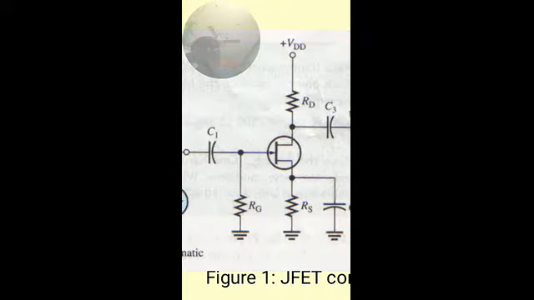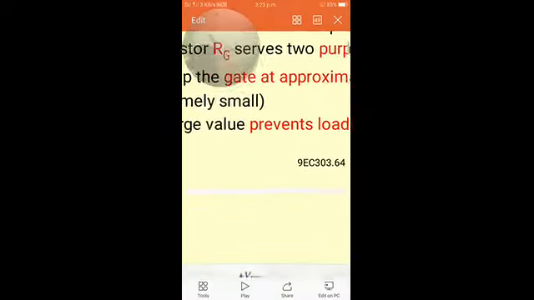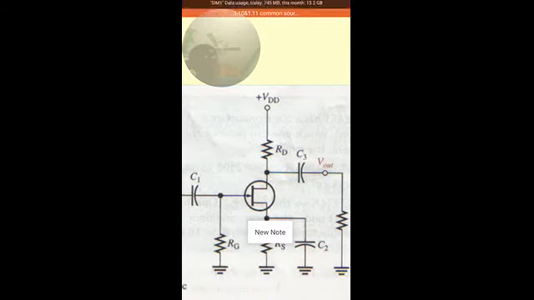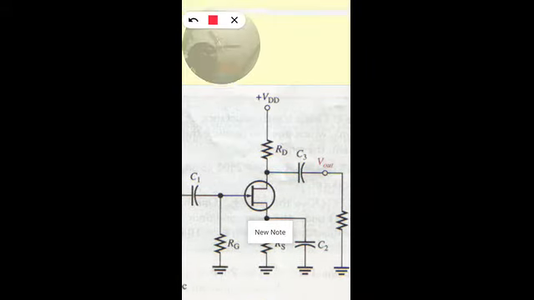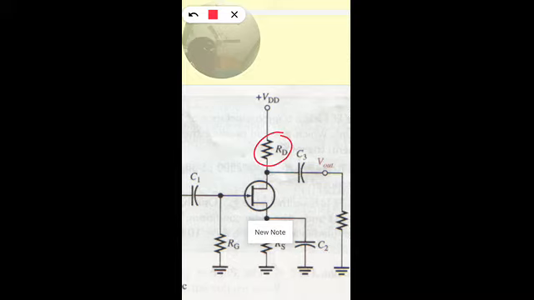Here this is the drain circuit having resistor RD, which acts as the load. So the output voltage is produced across ID into RD.